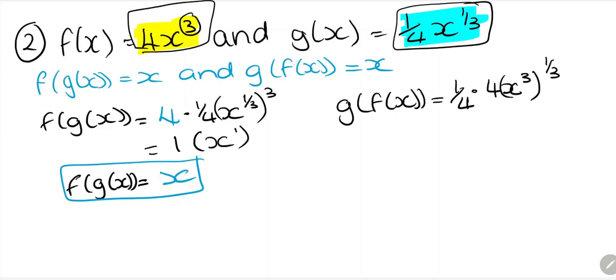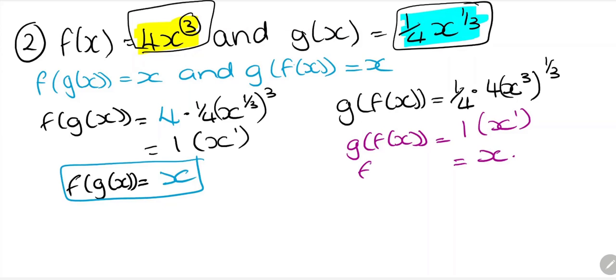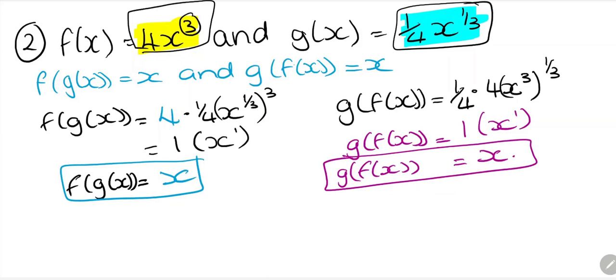So now we need to multiply this out. So we're going to have g of f of x is equal to 4 over 4, which is 1, x, so 3 over 3, which is going to be x to the 1, which is just x. So g of f of x is equal to x, and f of g of x is also equal to x.